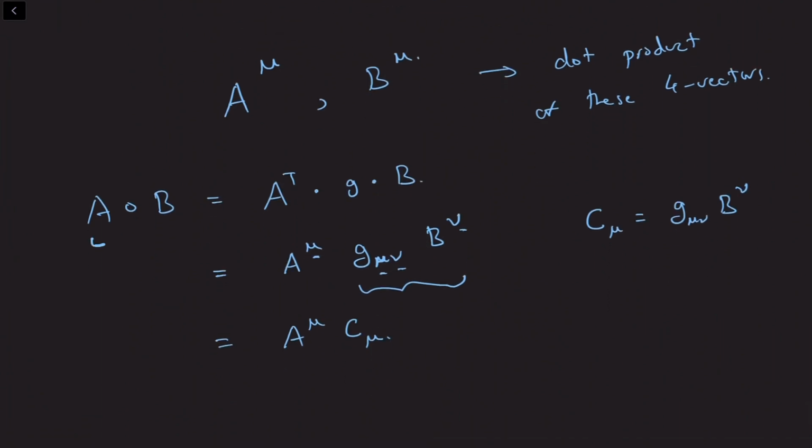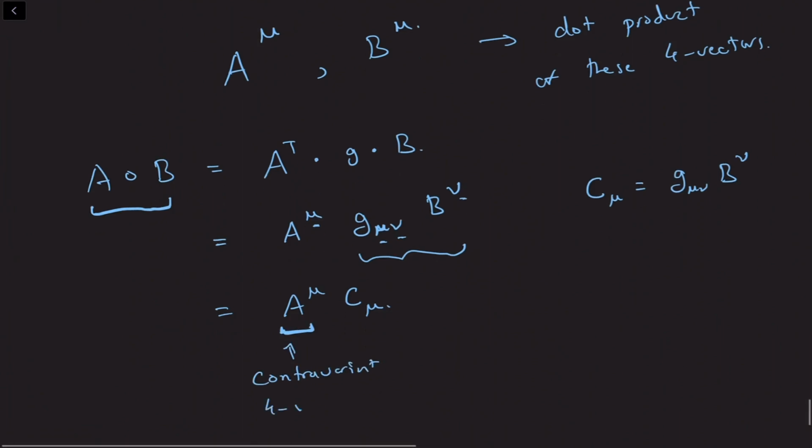So the dot product of A and B is related to a simple product between A, which is a contravariant 4 vector, and C mu, which is a covariant 4 vector, which is derived from B. Okay, so when taking these dot products, sometimes it's convenient to switch from contravariant 4 vectors to covariant 4 vectors in such a way that you can write this dot product very simply without explicitly writing the matrix G.